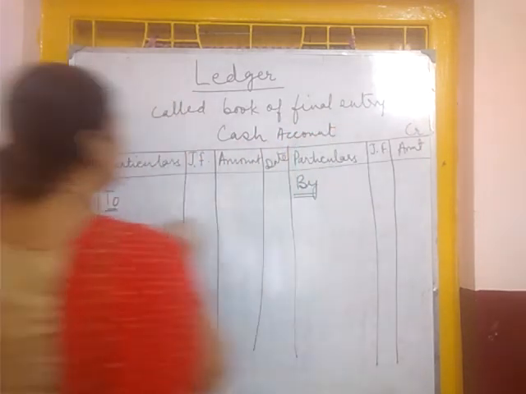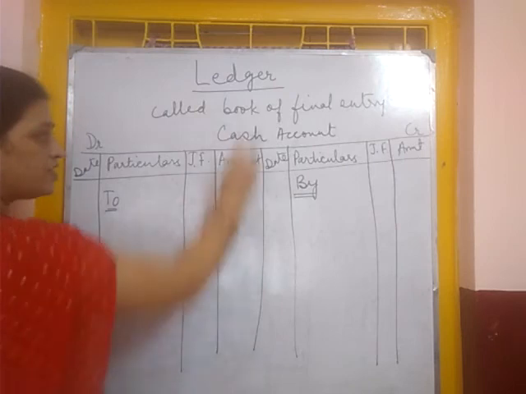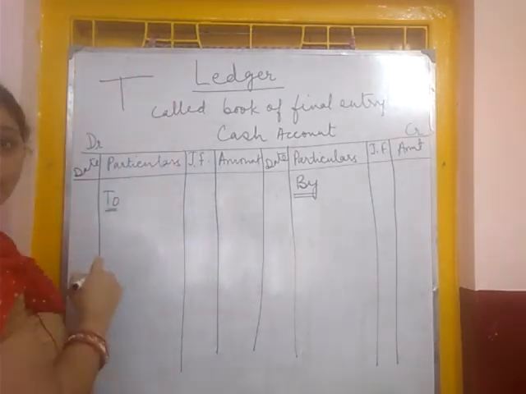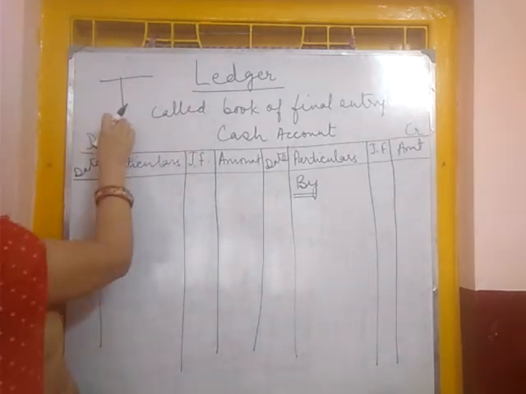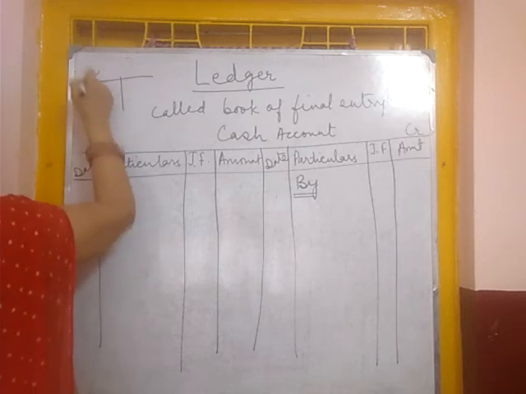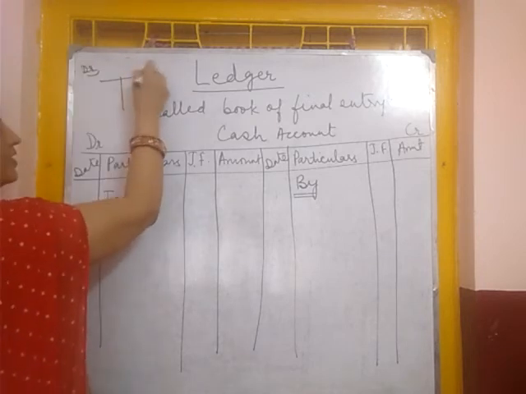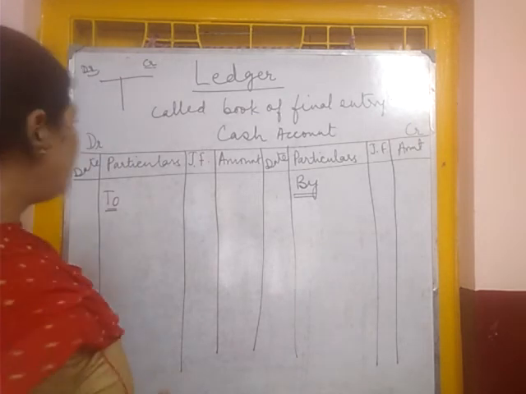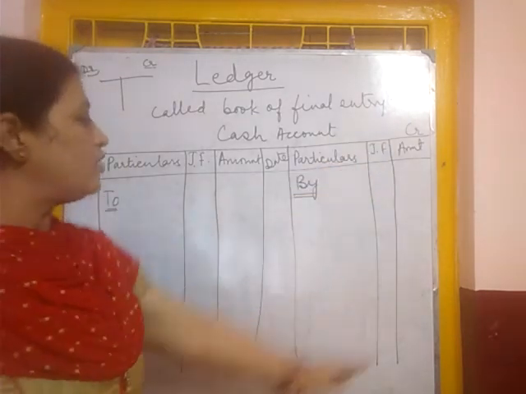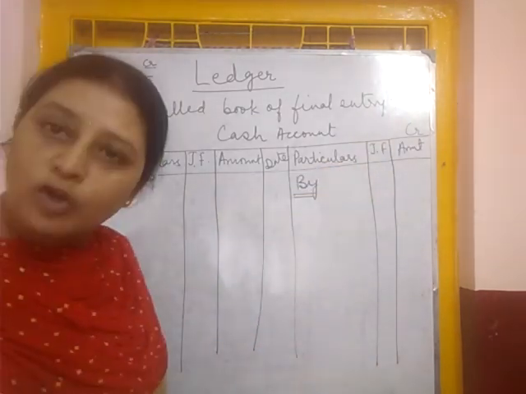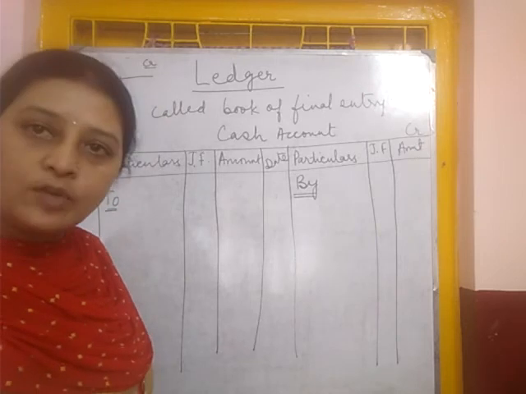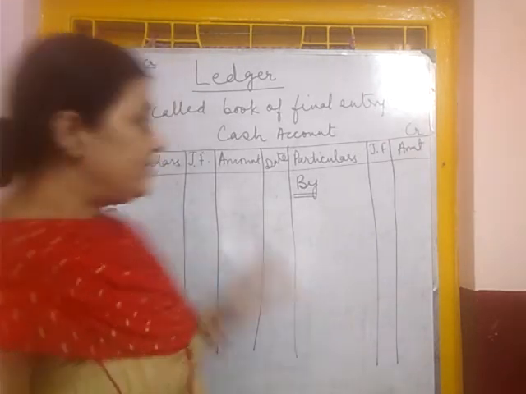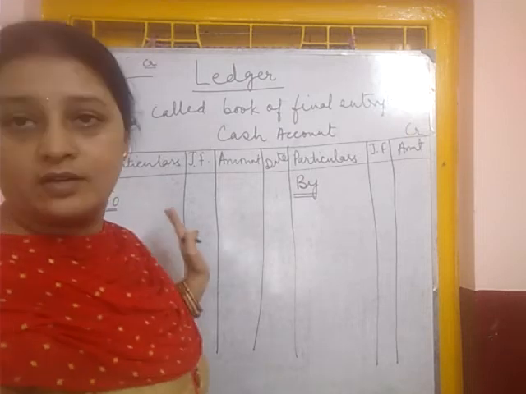Okay? And see, this is always prepared in which form? T form. See this T form. Here this side is the debit side and this side is the credit side. Clear? So this is basically known as the format of journal. Sorry, format of ledger. This is the format of ledger.